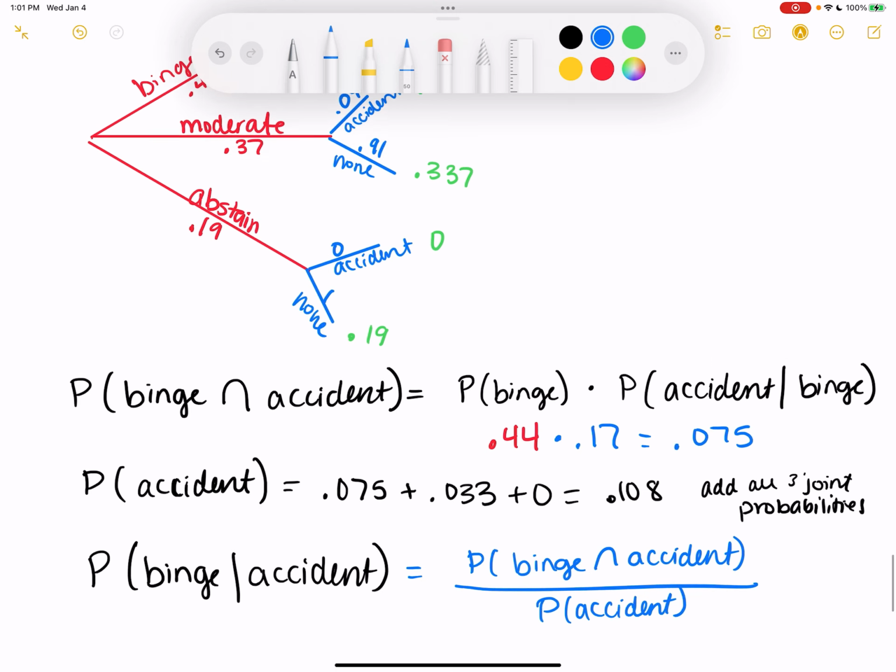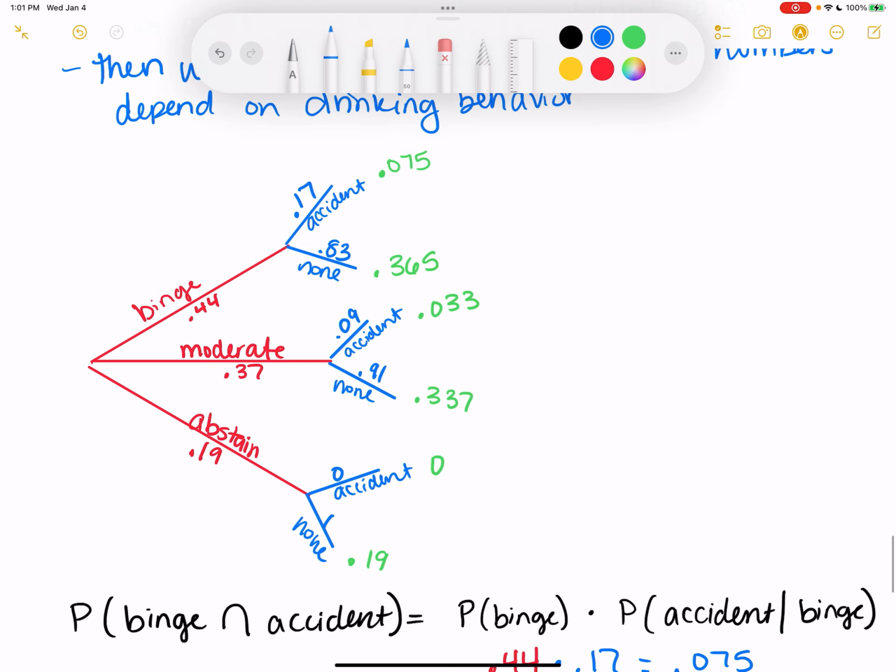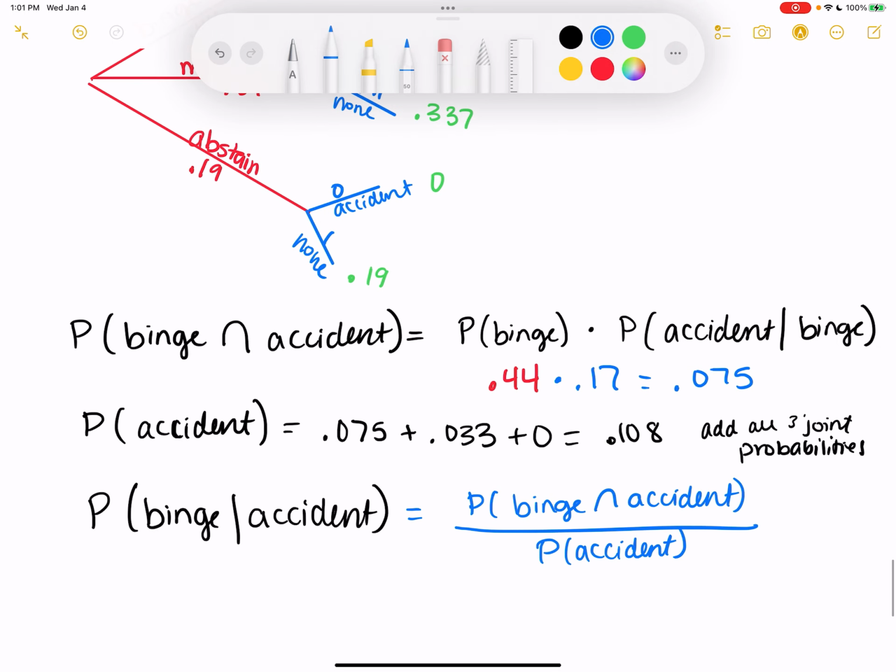So binge and in an accident is the 0.075 over the probability they've been in an accident. That's what we just found, which is 0.108. And when you divide that, that equals 0.694. So that would be that probability there.